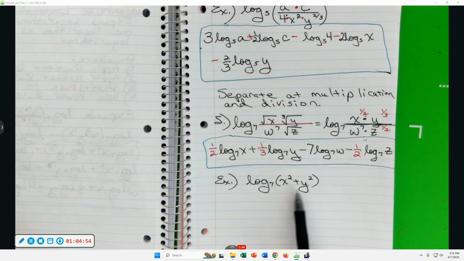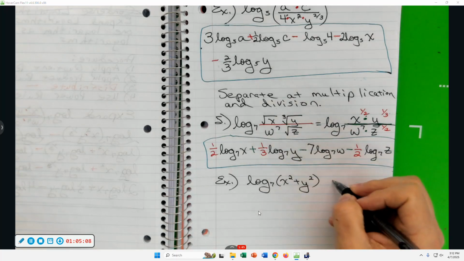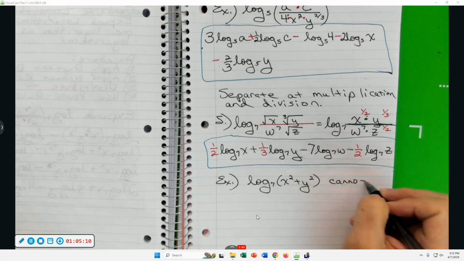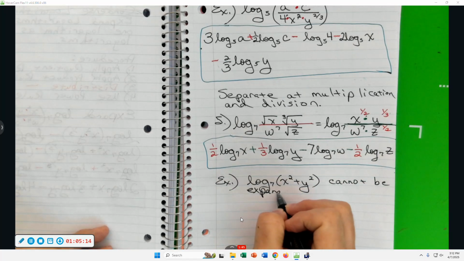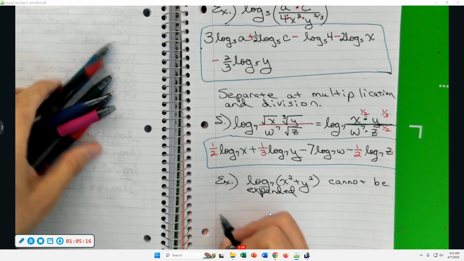You've got to be able to draw the red dots and the fraction bar. Can I do that here on this one? Is there any multiplication or division here in this argument? No, that cannot be expanded, or simplified, whatever you want to call it.